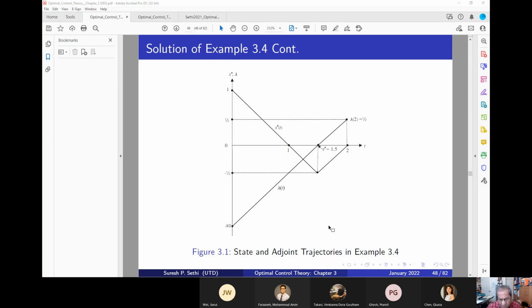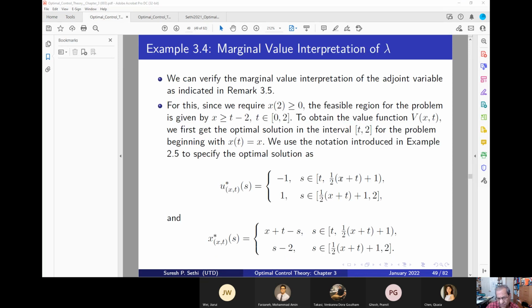I made some charts for myself, so I will show them to you later. What we're doing now, we already know that any value of x,t in this region is no good. So we can take a value x,t and use the notation that we created in example 2.5.